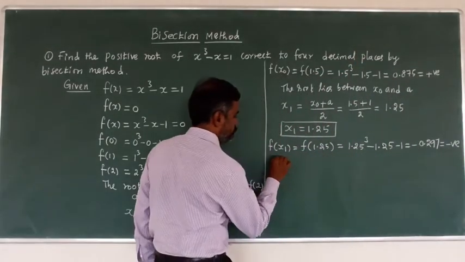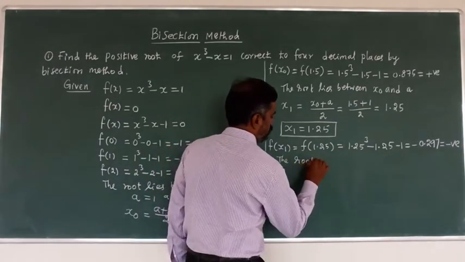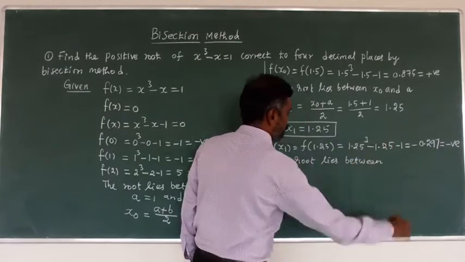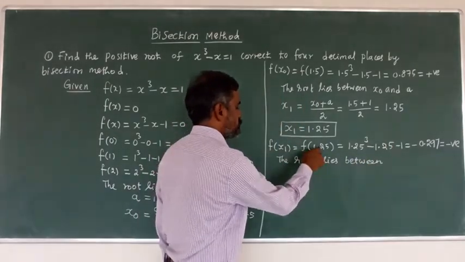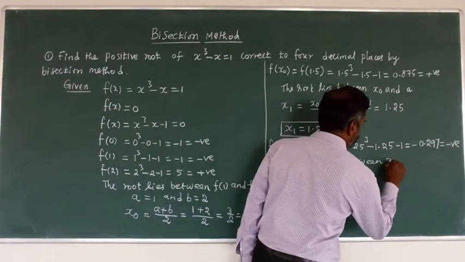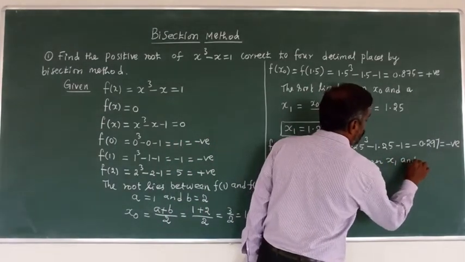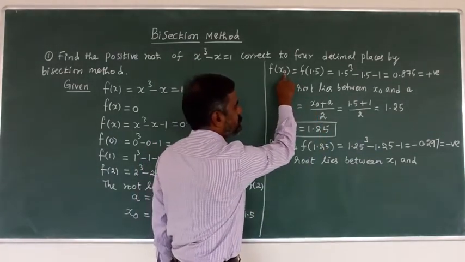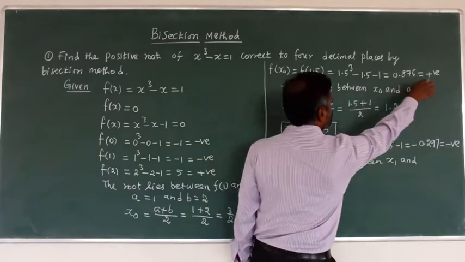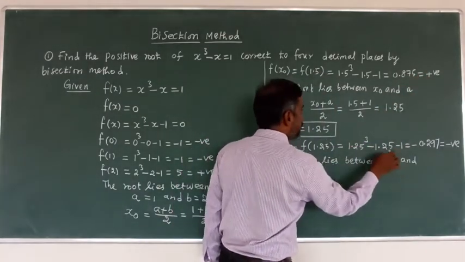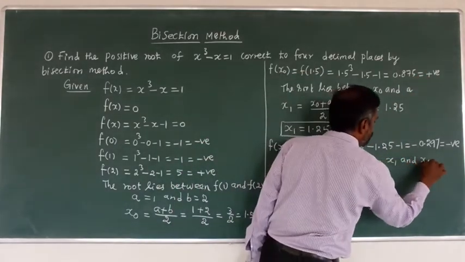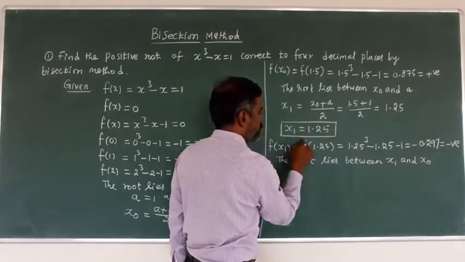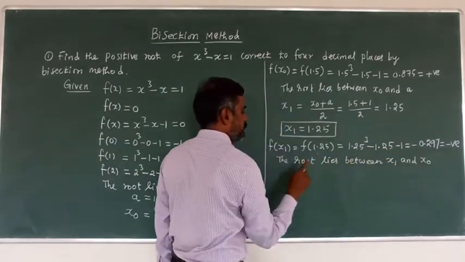So the root lies between the negative x1 and the positive x0. The x0 value is 1.5, which is the positive result. So we can take x0 and x1. X0 is positive and x1 is negative.